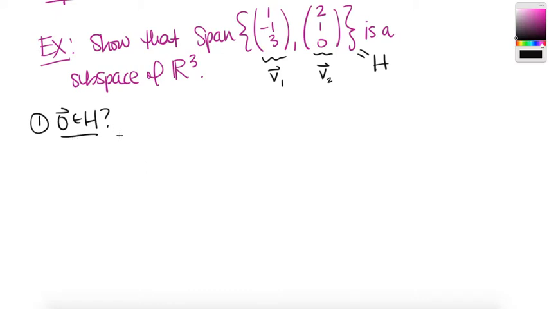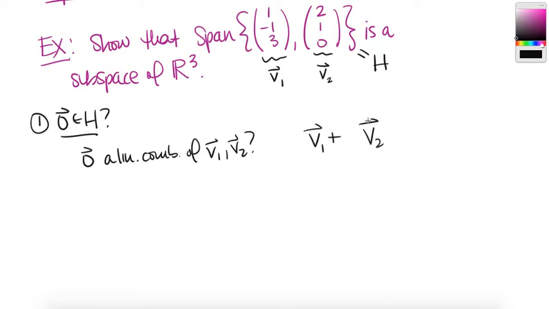So, is 0 in H? Basically what that's asking is, is 0 a linear combo of v1 and v2? And remember, a linear combination, right? Take these vectors and you scale them. What we want to know is, can we get 0?